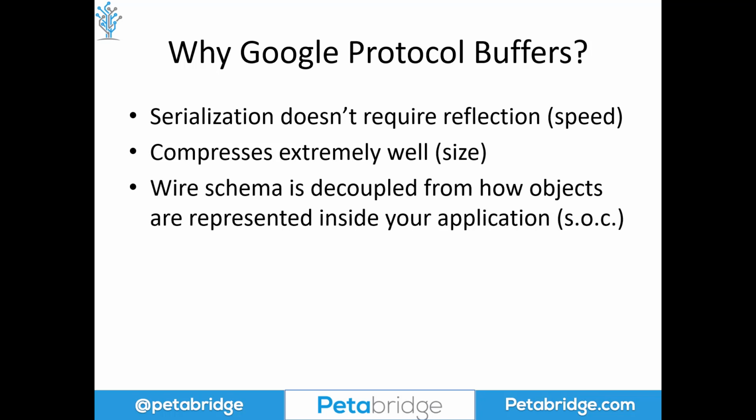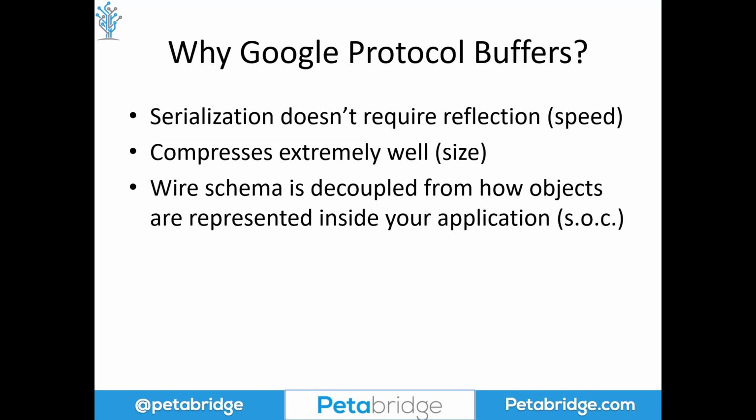So they compress well. Next is that the wire schema is decoupled from how objects are represented inside your application. This is the most important facet of schema-based serialization, is that we're going to separate our concerns. We're going to make sure that our internal application types don't get reflected into our wire type. That way, any changes that are made to our internal application types are fully decoupled from how they're represented on the wire.